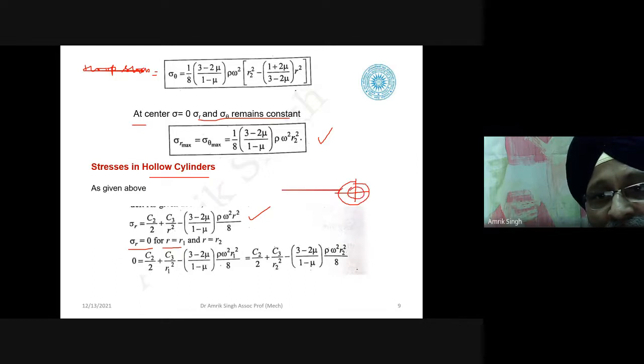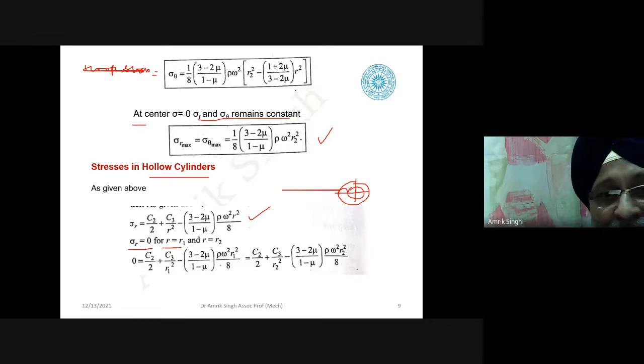Now, in order to calculate the stress in the hollow cylinder, since we know this, sigma r is 0 for the hollow cylinder, we'll be having R1 and R2. So in the case of the disk, we have found that this was the variation of the radial stress.